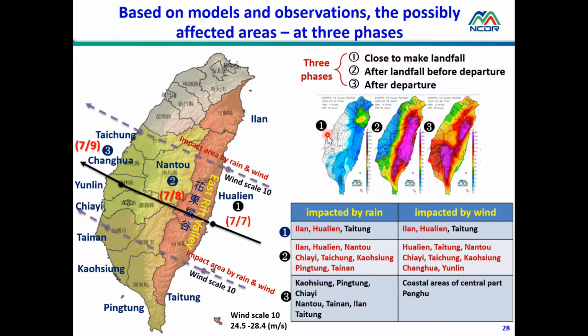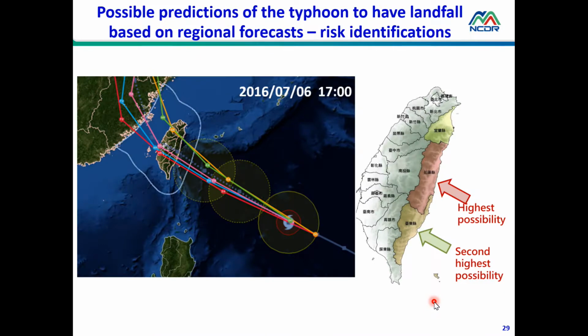Based on each phase, we give information about precipitation, rainfall, and wind. So based on the different phases, we give impact assessments by rain or by wind. We give this information to central and local government.